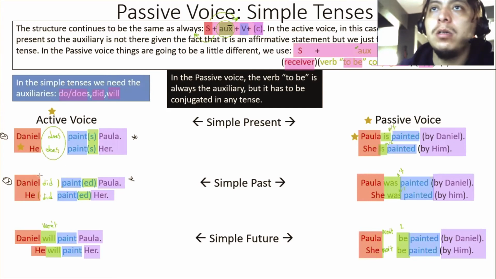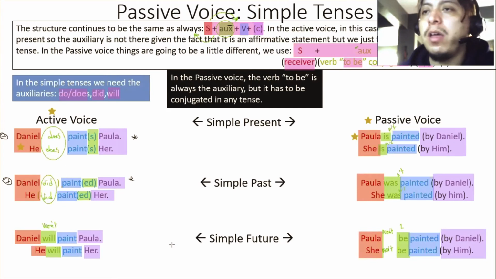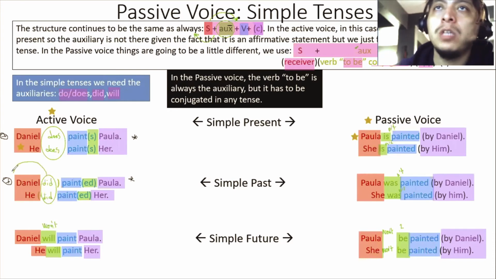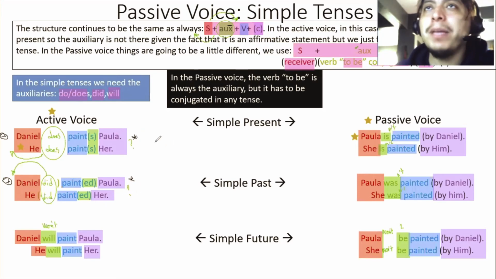This one and this one are going to switch positions with the subject. It is first the auxiliary and then the subject. So we have: Does Daniel paint Paula? Does he paint Paula?